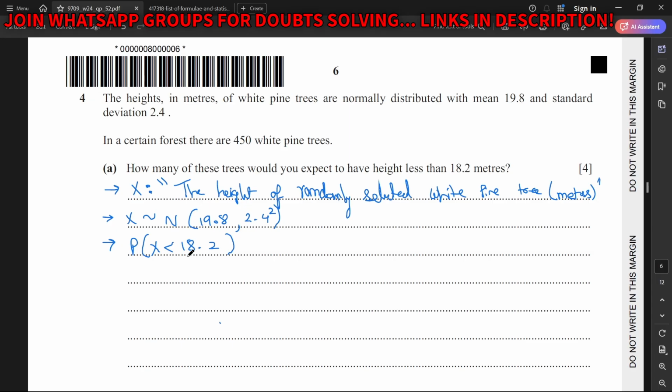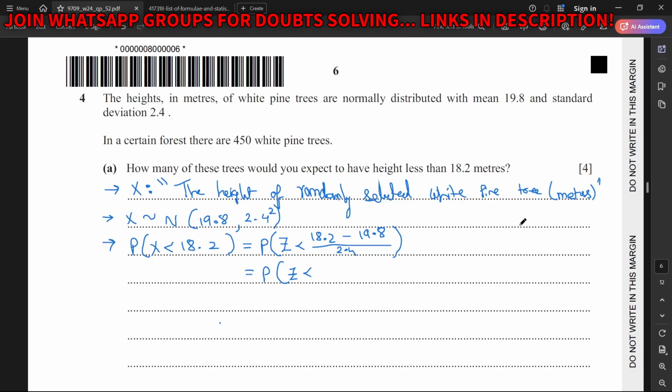And because we are dealing with the normal distribution, I can easily convert this into the standardization using the z-score. So probability of z less than 18.2, that is the observed value, minus the mean, which is 19.8, over the standard deviation, which is given to us as 2.4. Now let's see what is the value of the z-score that we are getting for this fraction.